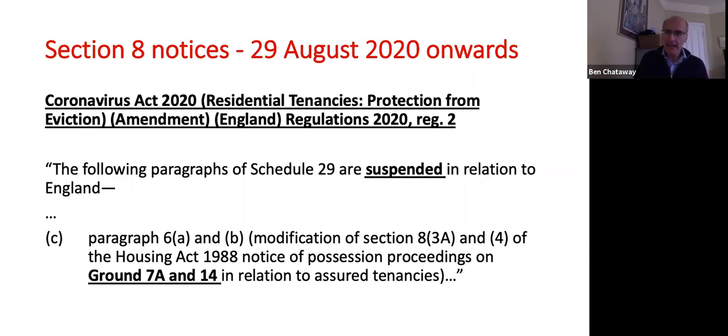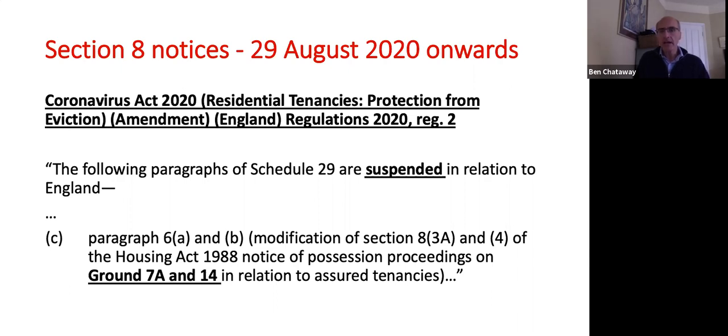Well, how can regulations suspend an act? They can only do it under those Henry VIII clauses. And of course, the word suspend doesn't appear in those Henry VIII clauses. So there is a question mark about the effectiveness of the regulations, whether they're ultra vires or not.